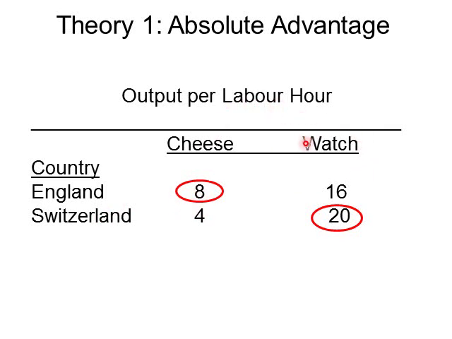But for watch, the Englishman can only produce 16 units of watches per labor hour, and the Swiss can produce 20 units of watches per labor hour. So each country has an absolute advantage in one of the products. England has an absolute advantage in the production of cheese, and Switzerland has an absolute advantage in the production of watches.